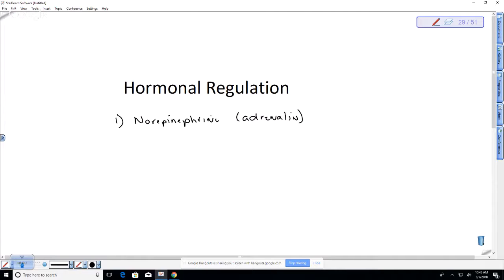We're going to talk about norepinephrine and epinephrine next quarter, when we talk about the endocrine glands. Okay, so this is adrenaline. When you have adrenaline, it's going to cause the blood vessels to contract. So this is vasoconstriction.